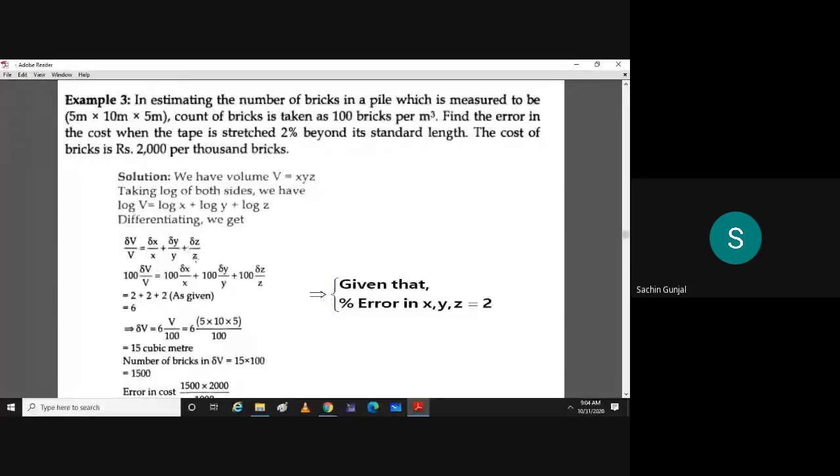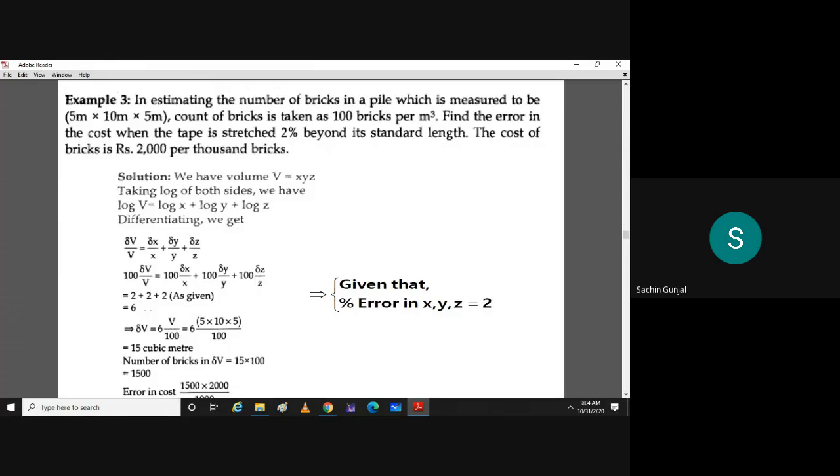Now multiplying by 100, 100 dV by V is equal to 100 dx by x plus 100 dy by y plus 100 dz by z. Now the error in each length is 2%, length, breadth, or height. So substituting these values as 2, the error in volume is 6.